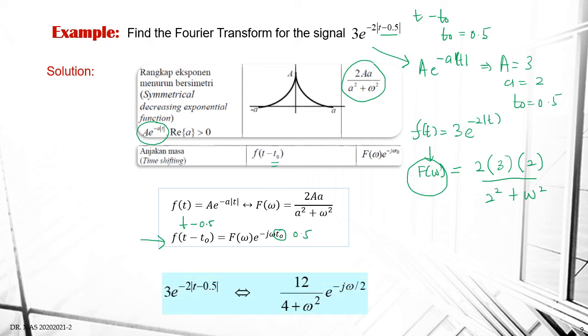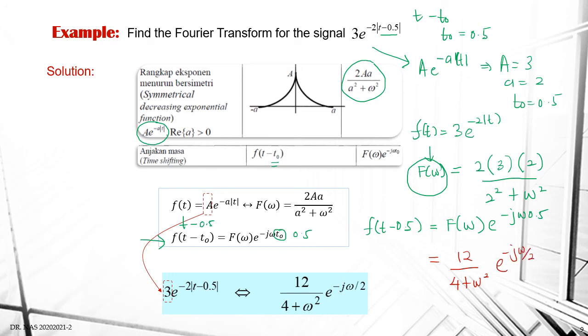So f(t − 0.5) equals F(ω) e^(−jω0.5). F(ω) equals 2 times 3 times 2, which is 12, over 4 plus ω squared, multiplied by e^(−jω/2), or 0.5.